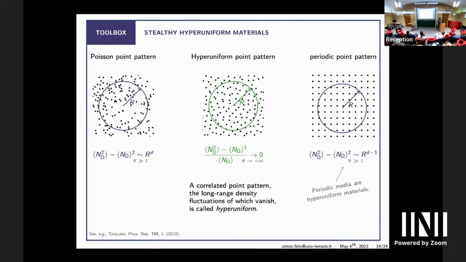This long-range fluctuation vanishes at long scale, and this is what we call hyperuniform. So periodic media are a particular case of hyperuniform because it will vanish at long scale. And precisely, the idea is that at large scale, this looks like some regular model.